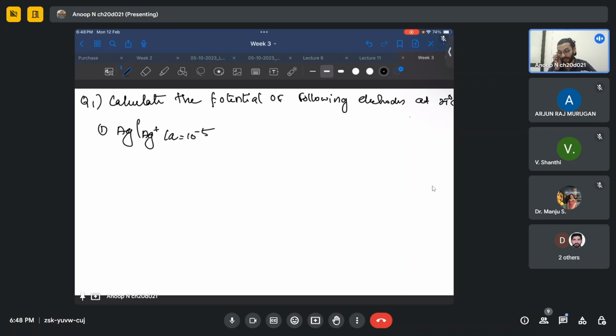How can we calculate? It is solved in class, but there is a mistake, I think. That's why I'm telling all of you to solve it again. I'll give the E0 value, since E0 value is not given in the problem. E0 is equal to 0.8 volt versus SHE.